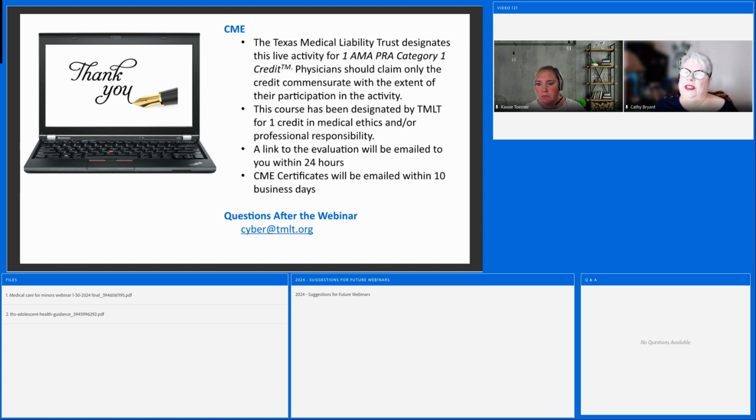This is an interesting one. They have minor patients that are age 17 that are in their first year of college and the parents don't live in the same town. What kind of authorization do we need to treat them? I think that you would need to get the authorization on each individual visit, just letting the patient know that the patient is presenting.